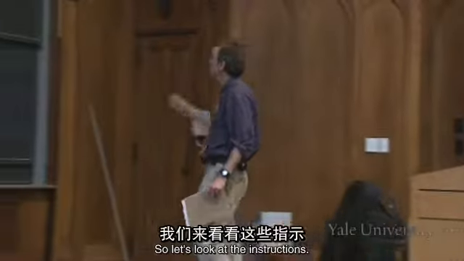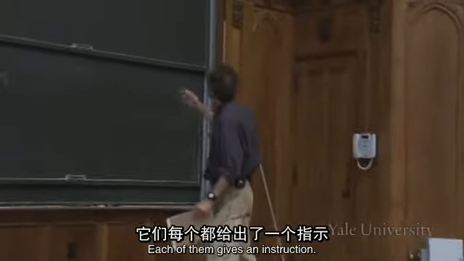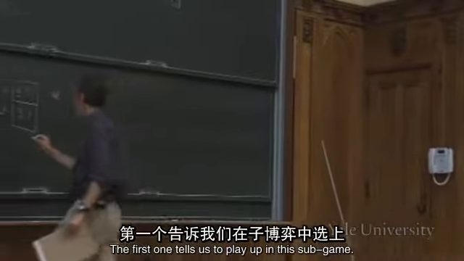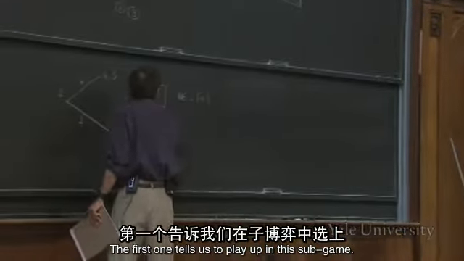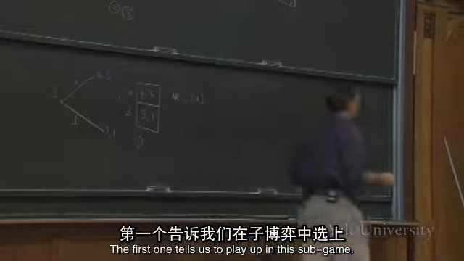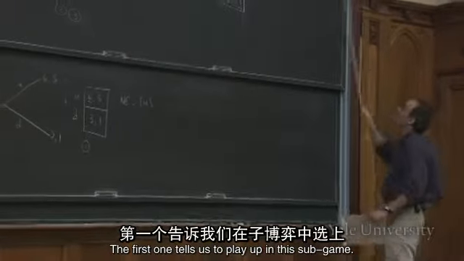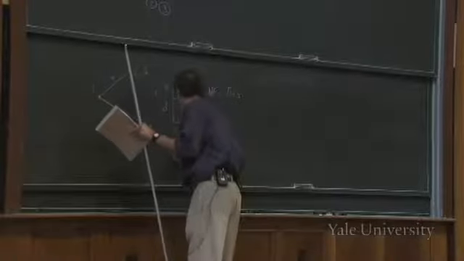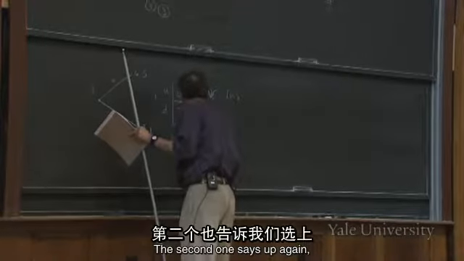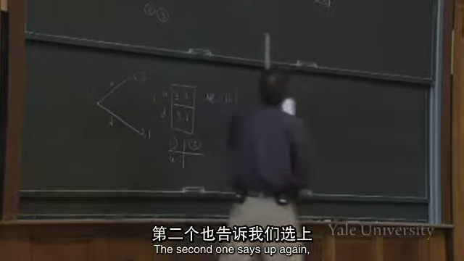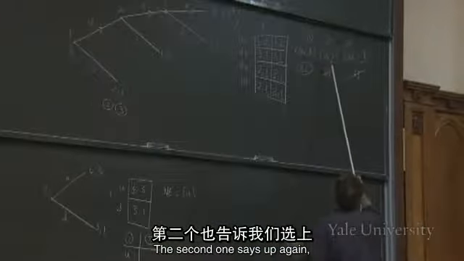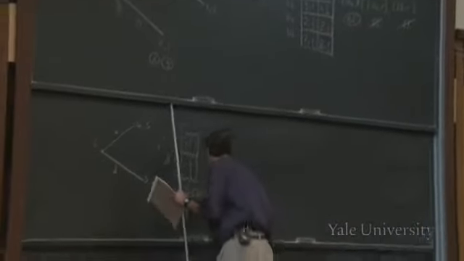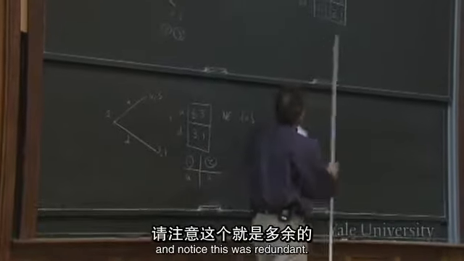All right? So let's look at the instructions. Each of them gives an instruction. The first one tells us to play up in the subgame. First one says up. The second one says up again. And notice this was redundant, right?